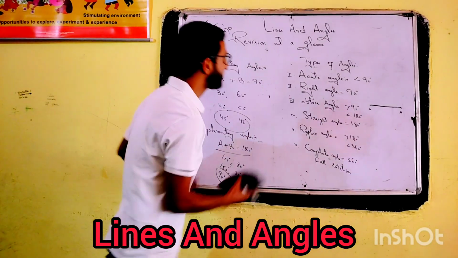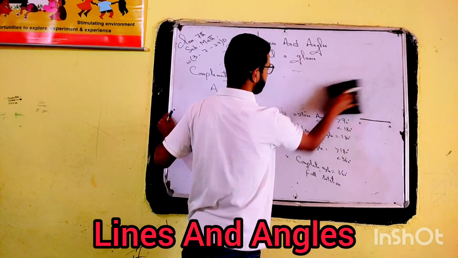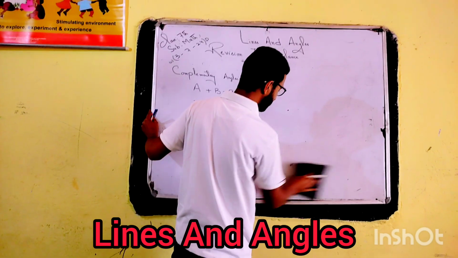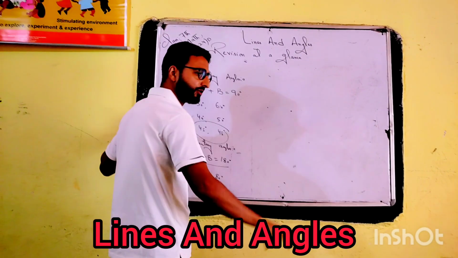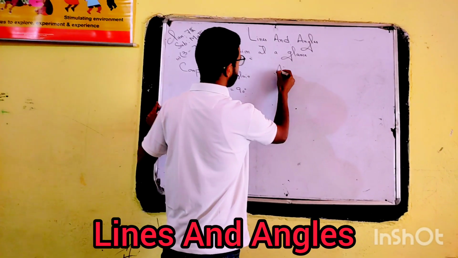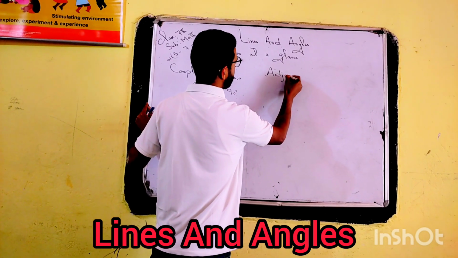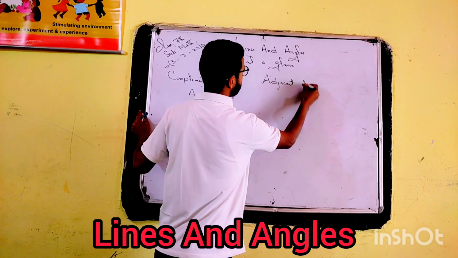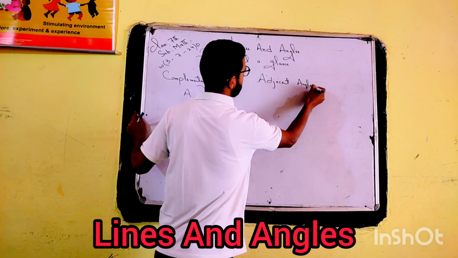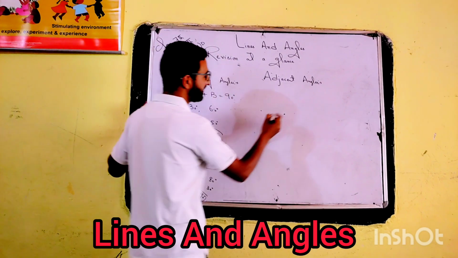तो इसके बाद हमने डिस्कस किया था एडजेसेंट एंगल्स. ठीक है ना? Yes, sir. याद है? Yes, sir. तो यहाँ पे मैं लिखूंगा एडजेसेंट एंगल्स. जरा मुझे डेफिनेशन बताओ एडजेसेंट एंगल्स की.